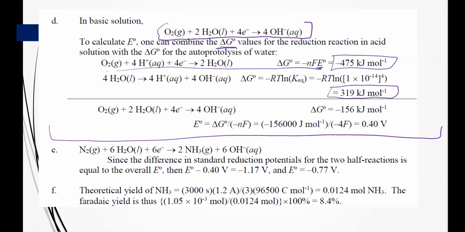So all that they've done is that they scaled it because there's 4 of them. So their negative RT ln K, they needed to use 4 times, because this should be H plus times OH minus. Each one of those is 1.0 times 10 to the minus 14.